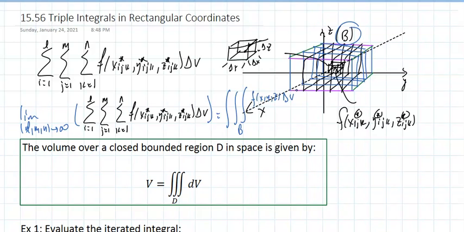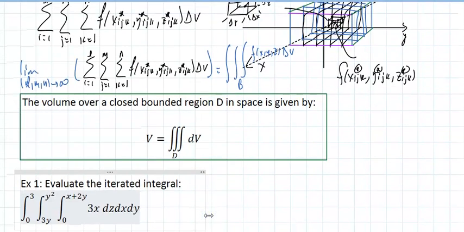And that's pretty much how things work. I could have derived that and spent time on it, but I just want to spend more time on the homework. There's really not much difference between single, double, and triple integrals.